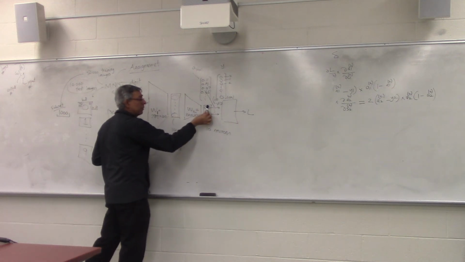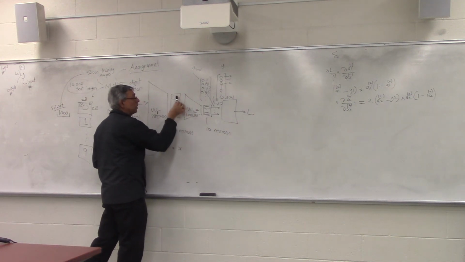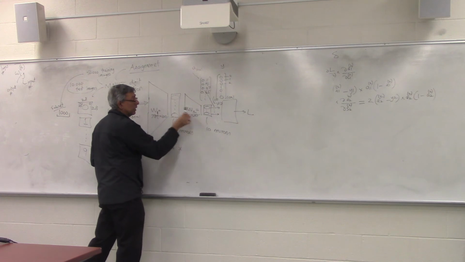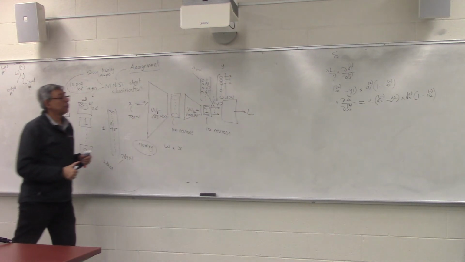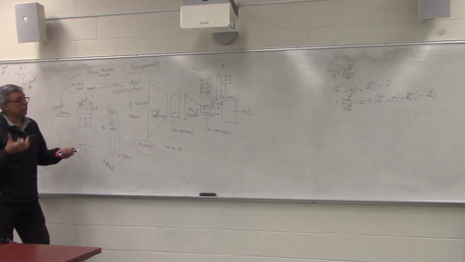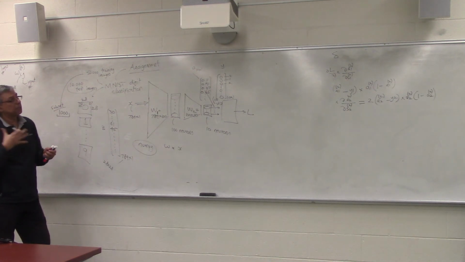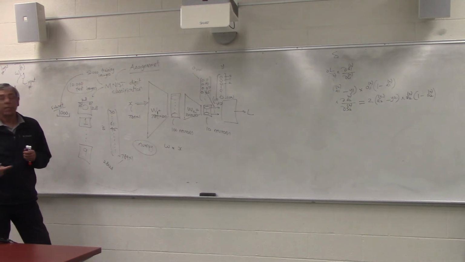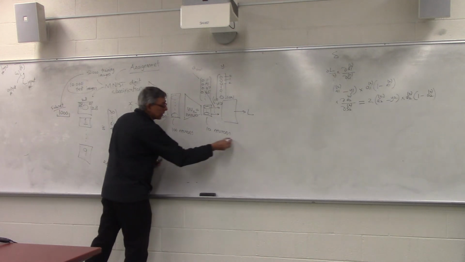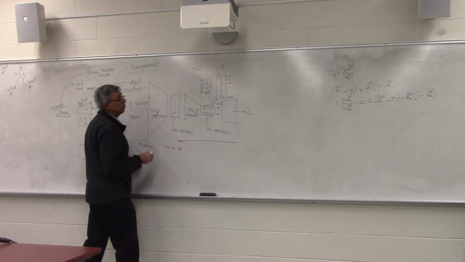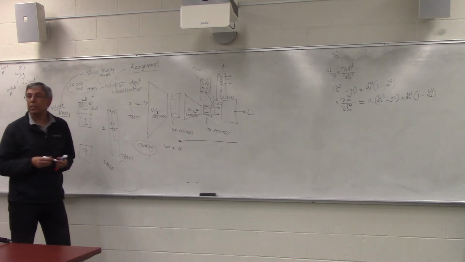Then W2 times whatever the output here is, plus B. Once we know the outputs, we can subtract the expected output, take the square, and compute the loss. Then as we work backwards, we will need to compute the deltas first.